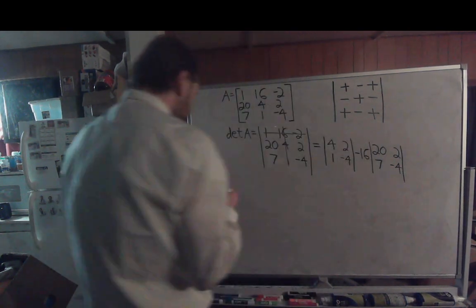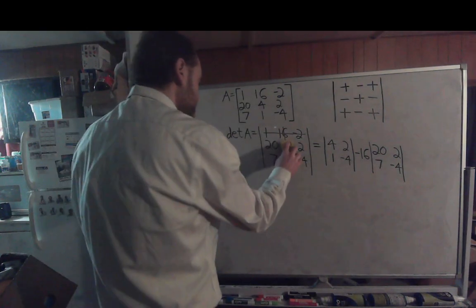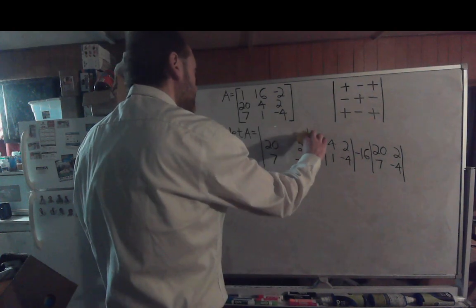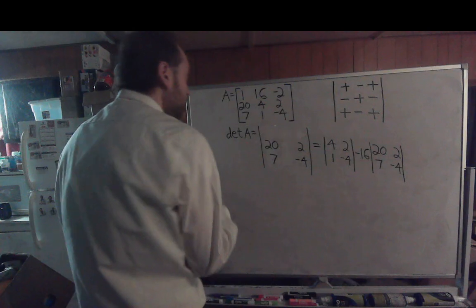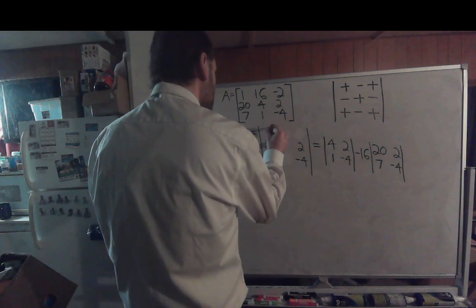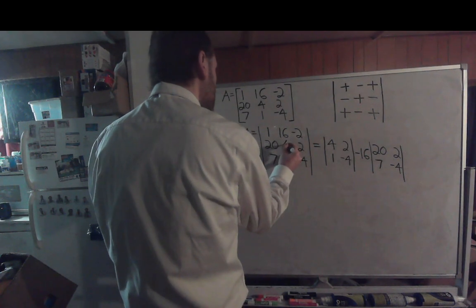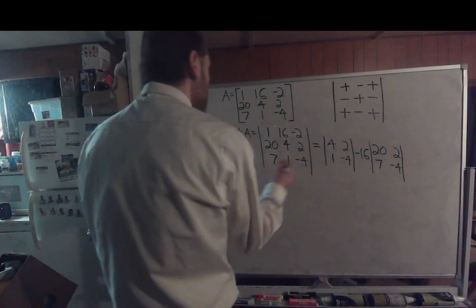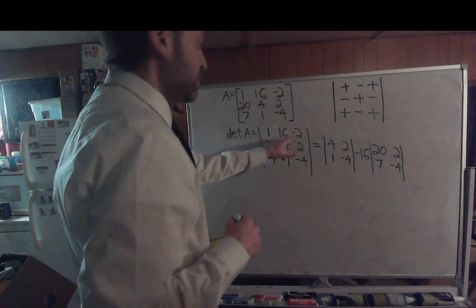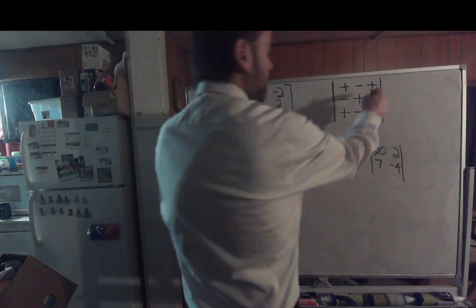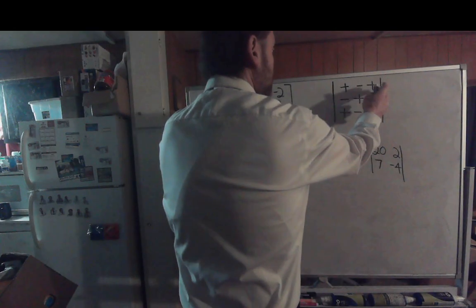All right. Let's rebuild this again here. Now the last coefficient we're going to use in row 1 is negative 2. So we have a negative 2, and according to my sign matrix, that's plus.